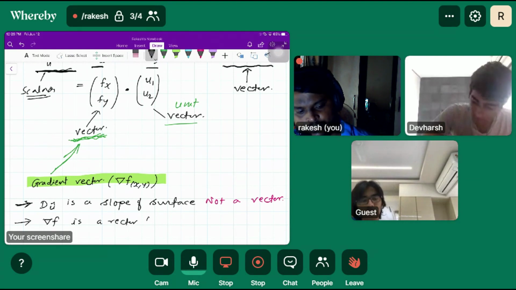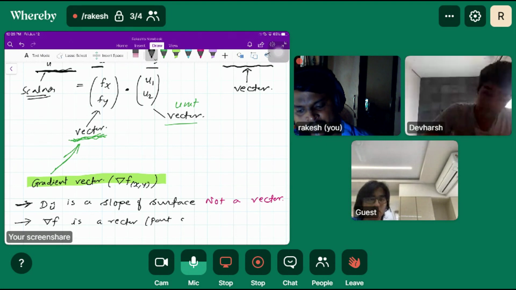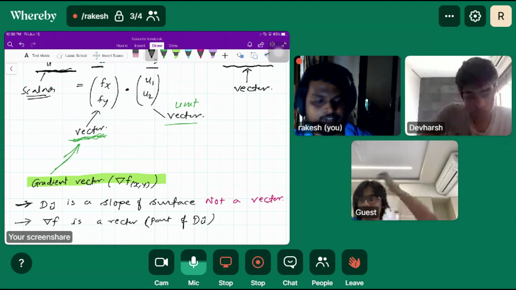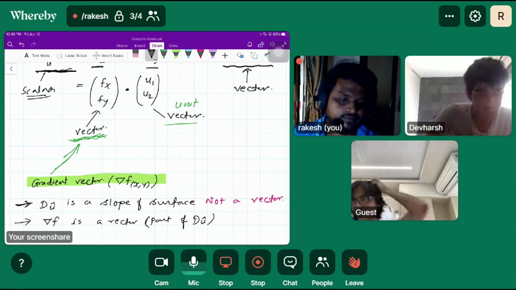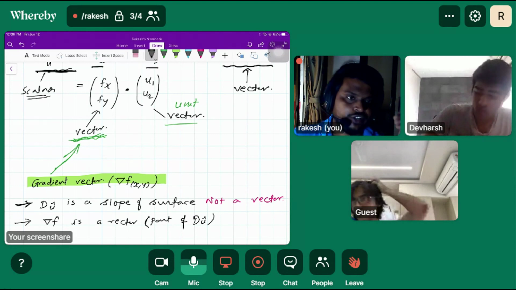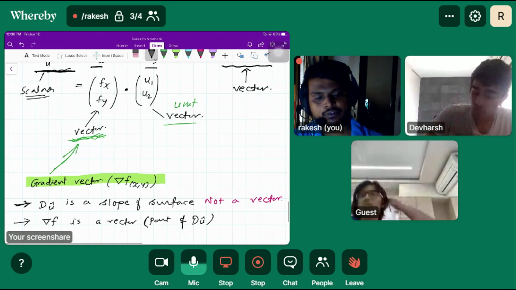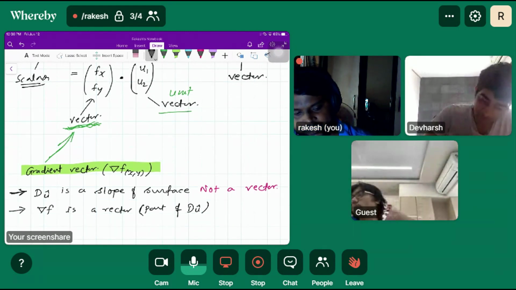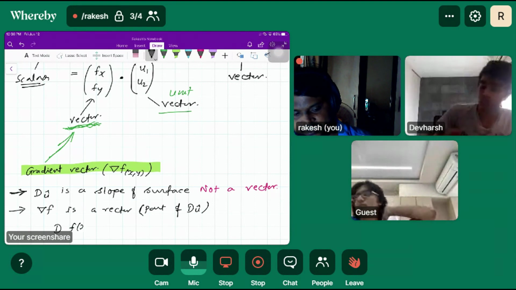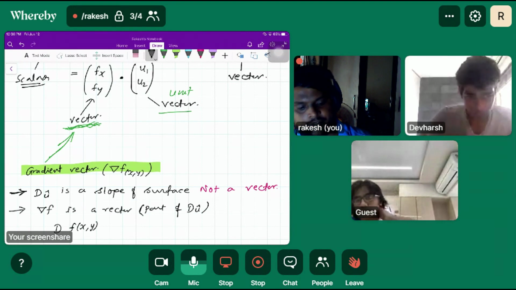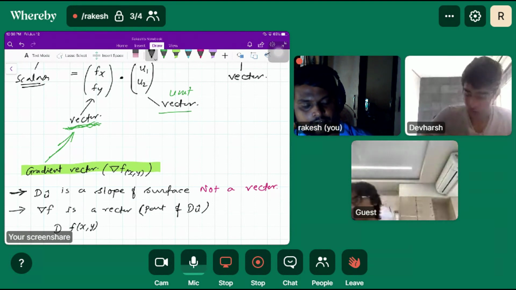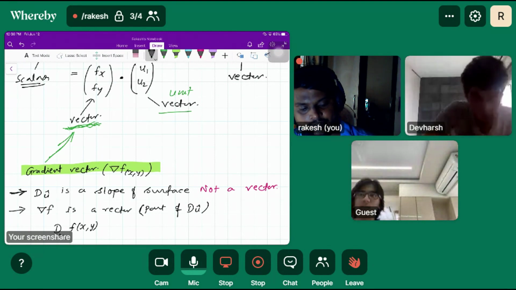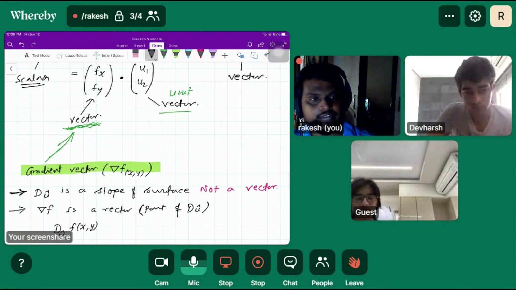You can write it as part of the directional derivative, because one part is this gradient vector and the other part is the unit vector. So how do I write the formula again? This is the directional derivative of the tangent at point x y in the direction of u cap.